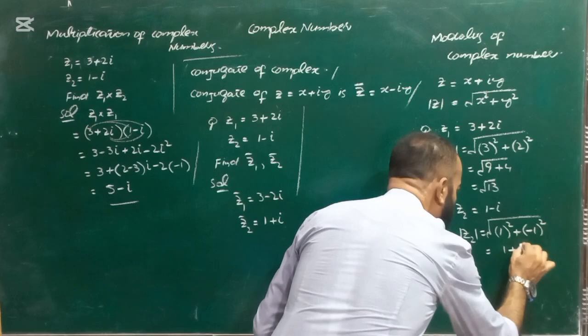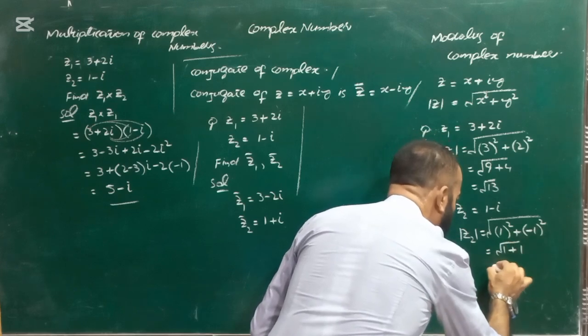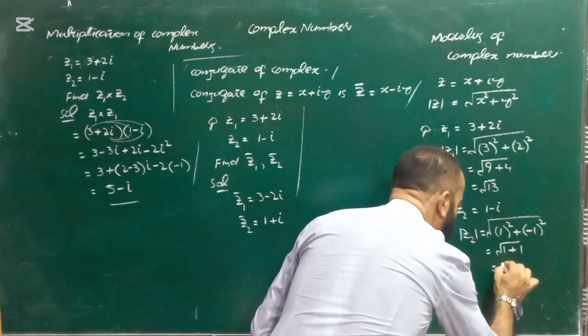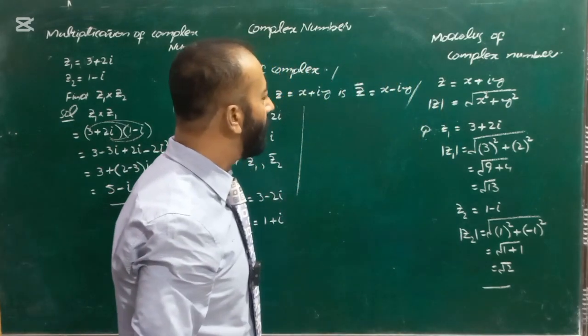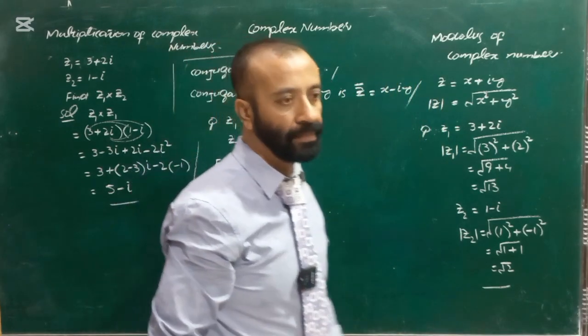So 1 plus 1 will be the square root of 2. So this is the method to find the modulus of any complex number.